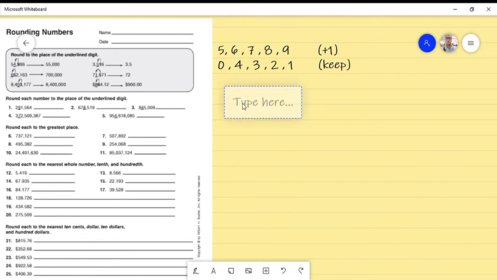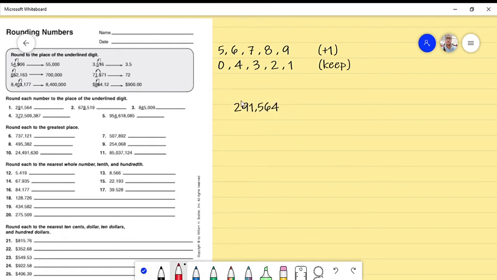Let's move to question number 1. Here is 291,564. The underlined digit is 9. Which digit is just to the right of 9? It is 5, so round up or down?